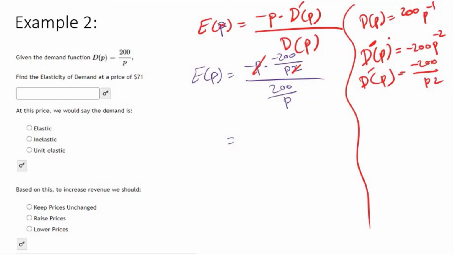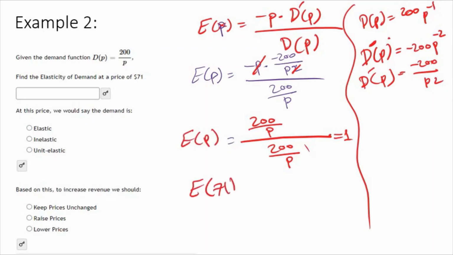And negative times negative is positive. So I'm going to have positive 200 over p over 200 over p. Now, this amount is the same as that amount, and that will give me 1. So the elasticity of demand is equal to 1, and that means the elasticity at $71 is still equal to 1. So the answer here is 1.